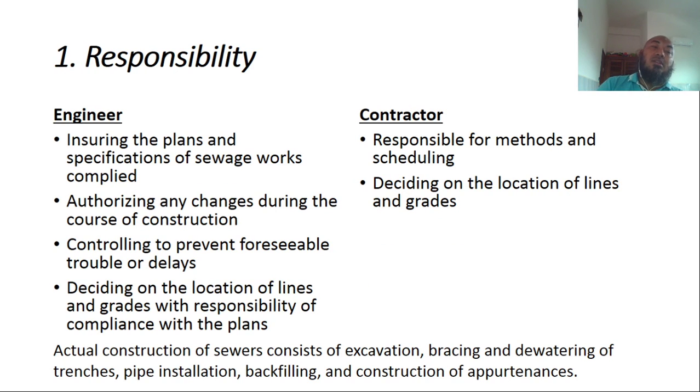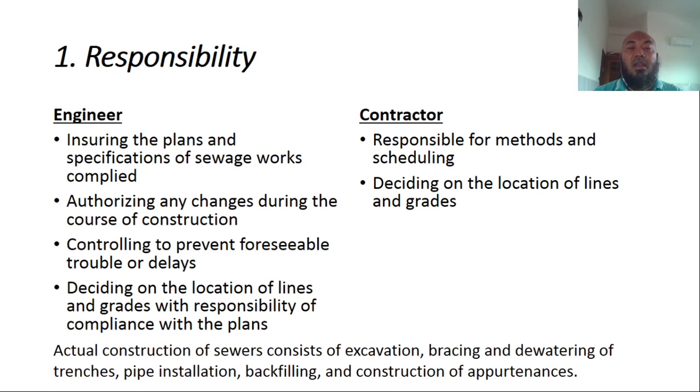Okay, so let's get into detail. Number one is responsibility. As I said, we have two parties, the engineer and the contractor.